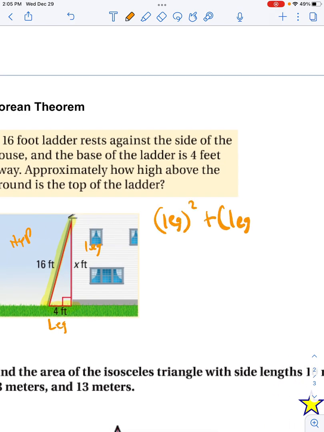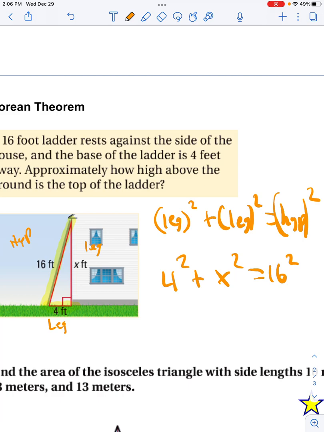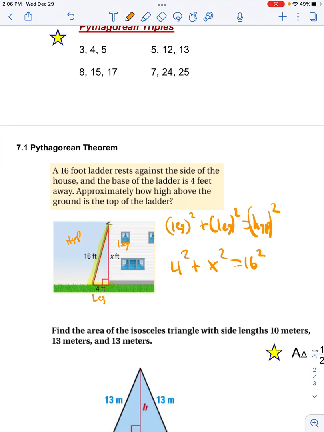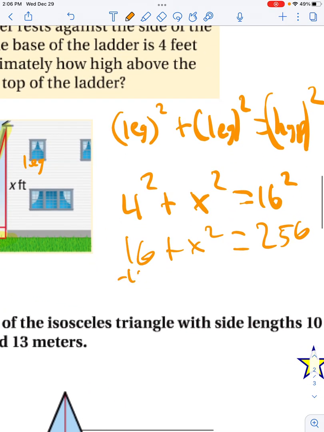Whether you like saying A squared plus B squared equals C squared, or leg squared plus leg squared equals hypotenuse squared, when I fill in what I know, I'm going to say, all right, 16 plus x squared equals... I better figure out 16 times 16 is 256.